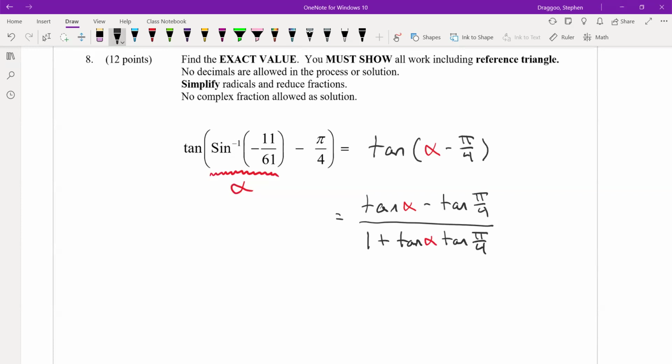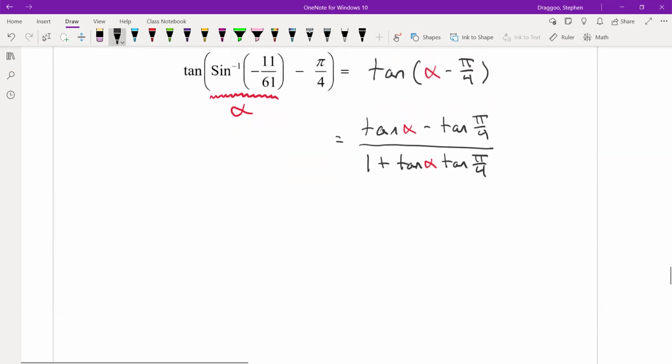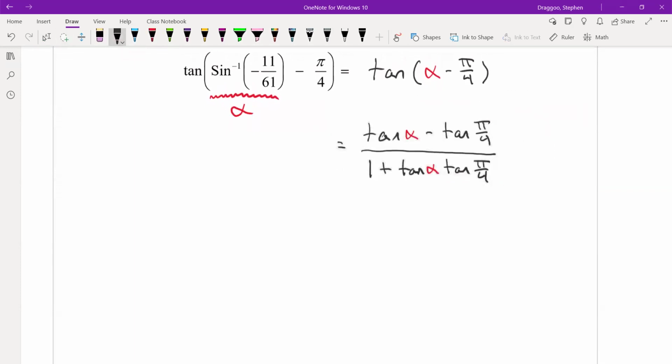So again, all of that I just got from my formula sheet, which you get on the exam. You don't need to have any of that memorized. You can just go look at the formula sheet to get that value.